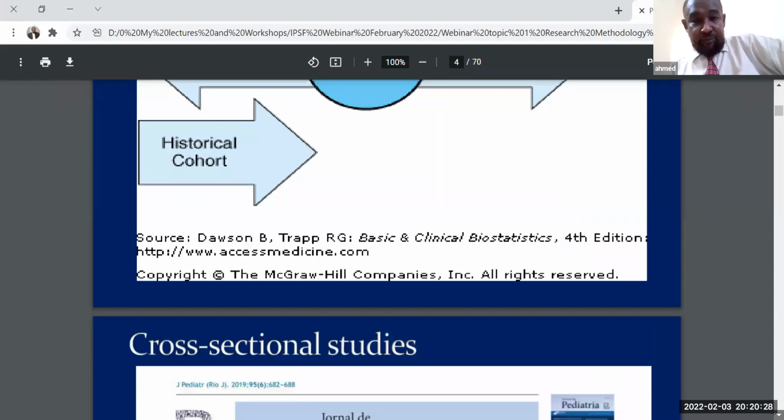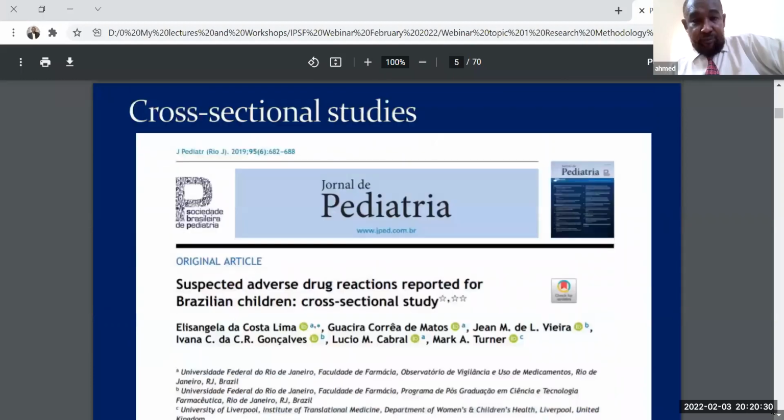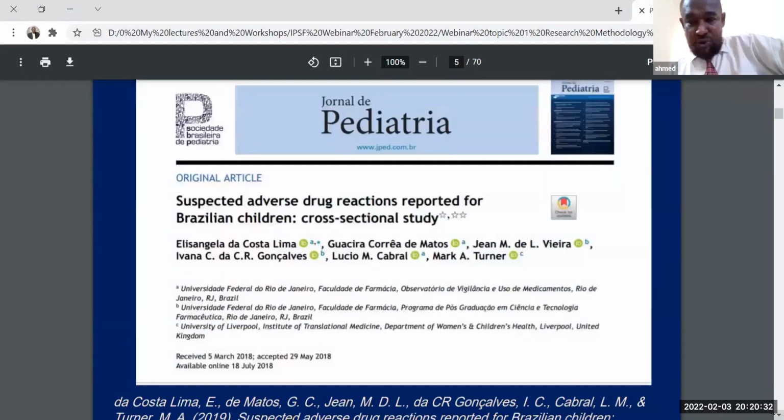The first example here is of cross-sectional. I will start by showing some examples representing cross-sectional studies. This study is on suspected adverse drug reactions reported for Brazilian children, a cross-sectional study. I want to focus on certain issues related to this study.